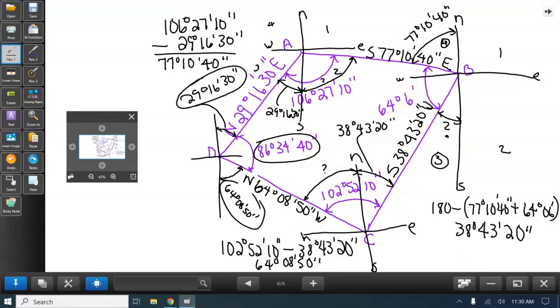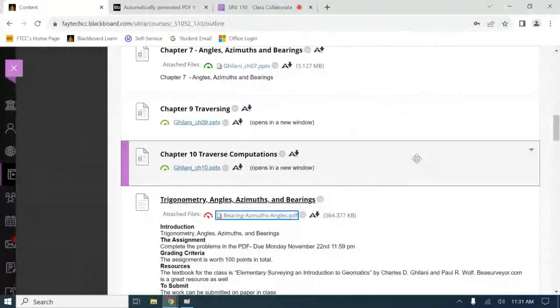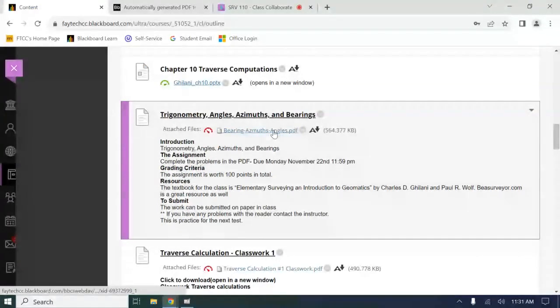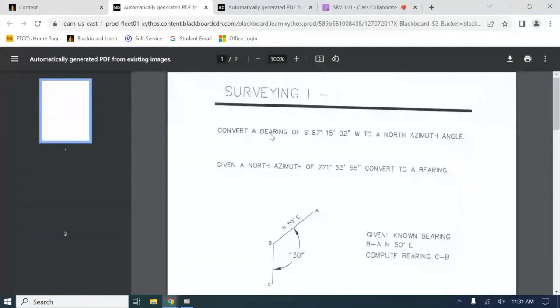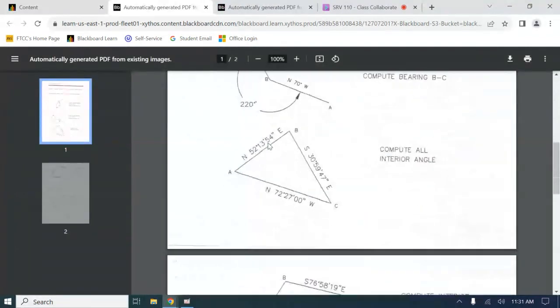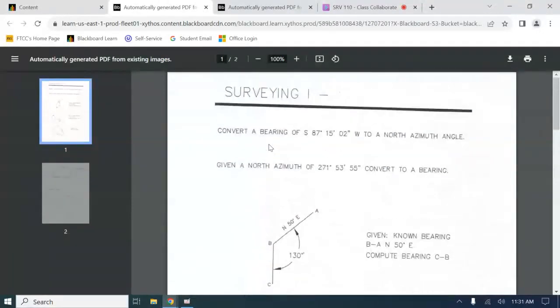And if you add all 3 and you get 180, then you would know you're good. So out of this, is there anything else? We just covered just about every single thing that's on here.